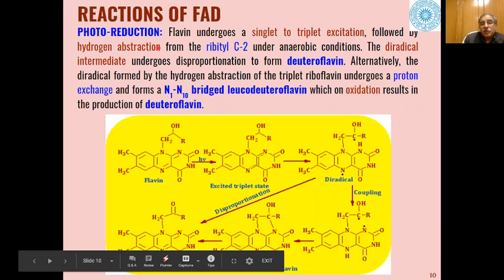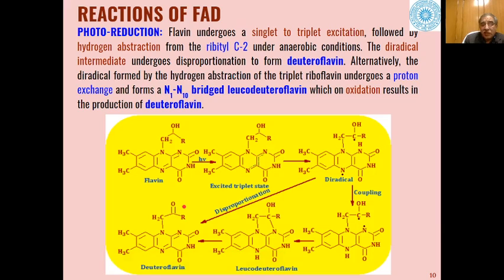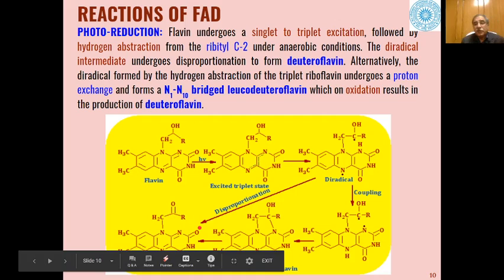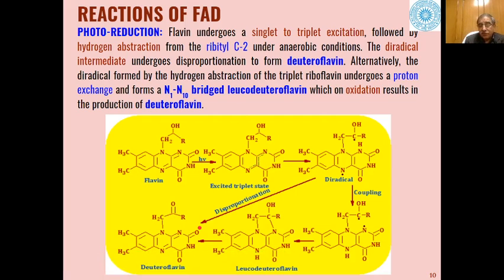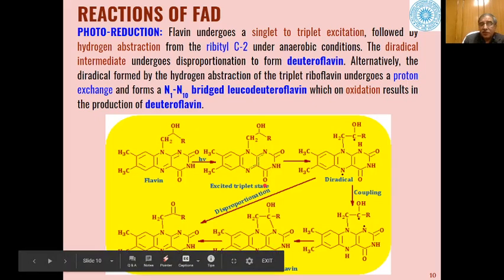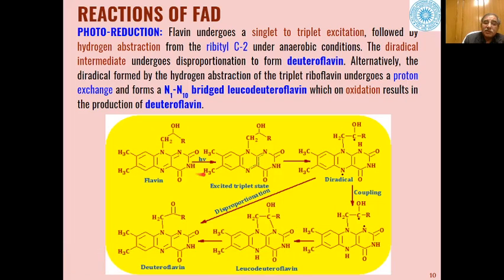Then photoreduction of flavins can lead to the formation of different types of products. Either leukodeuteroflavin or deuteroflavin is formed after one electron or two electron reactions, depending upon the reaction conditions. In the first instance, when UV light is irradiated on flavin, the singlet state will be converted into an excited triplet state of the flavin, and then a diradical will be formed like this.